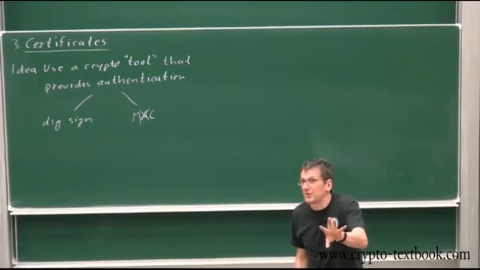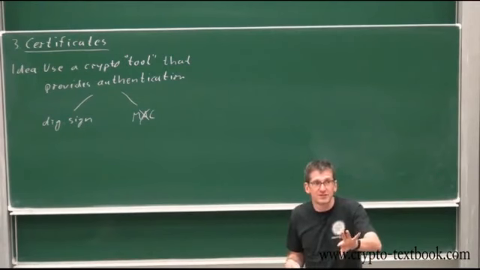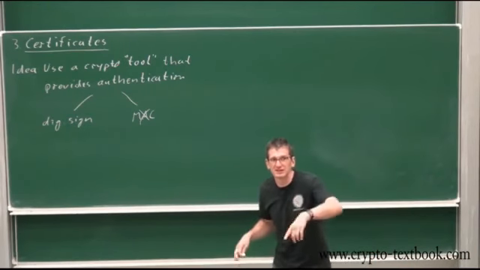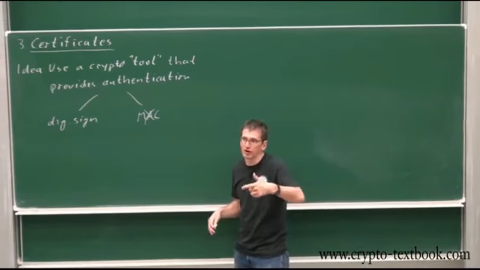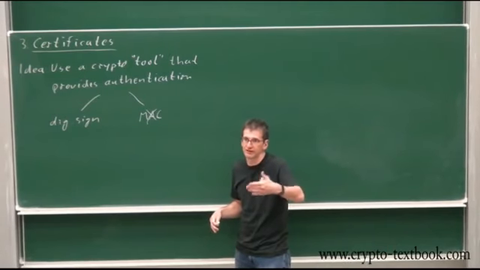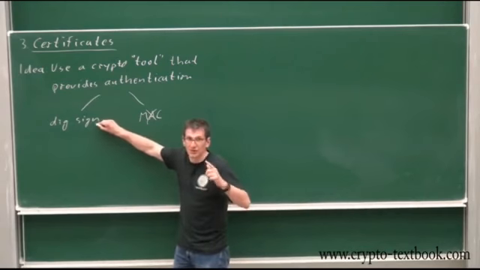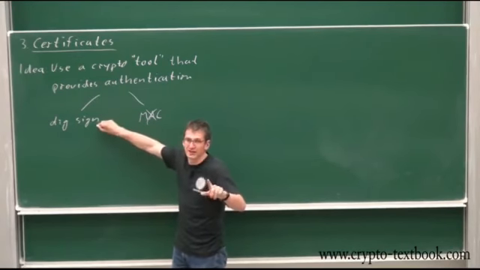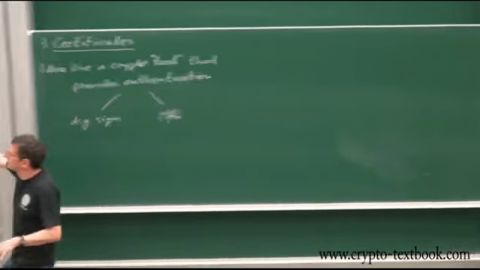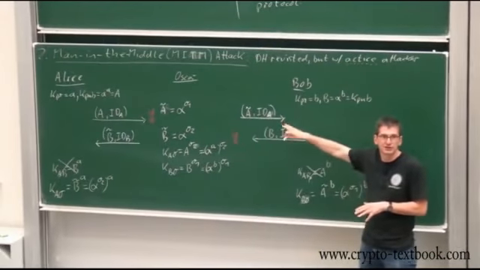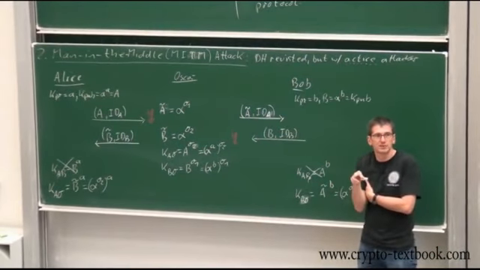I'll give something away, which I normally would tell you in 15 minutes, but which seems a little bit like a flaw in the chain of argumentation. So what I'm telling you now is, okay, we use digital signatures to prevent this attack, to repair the situation. But where should be the problem with this argument?